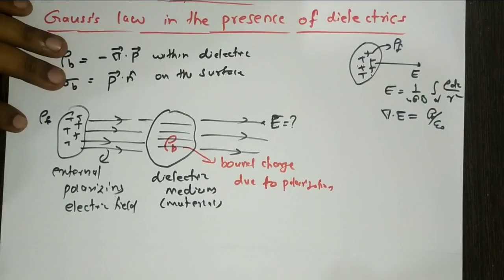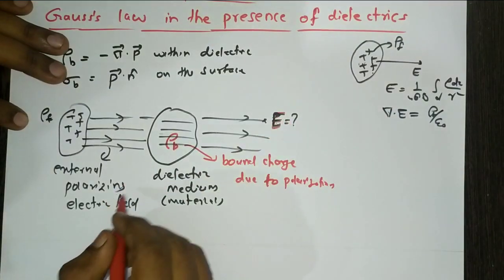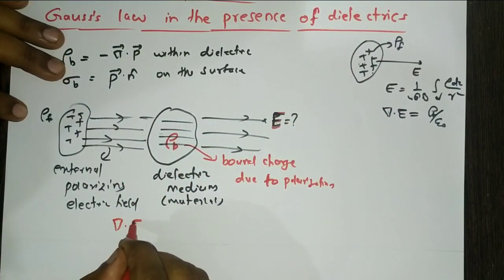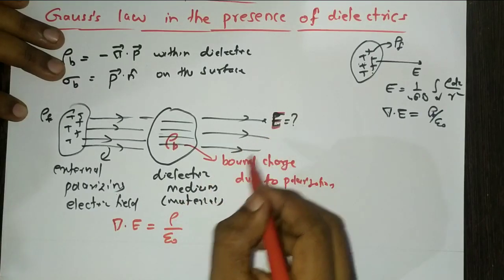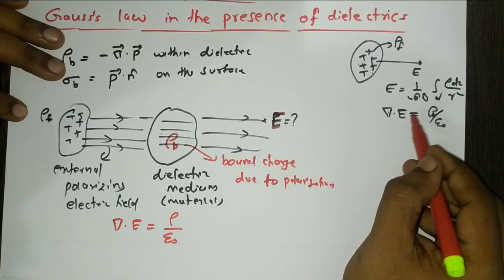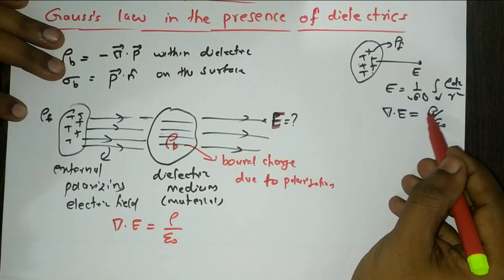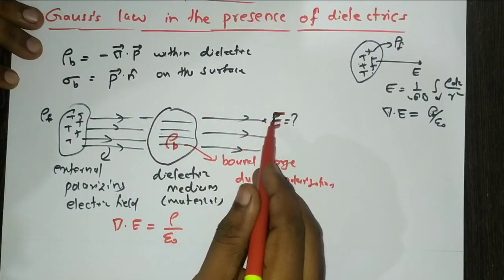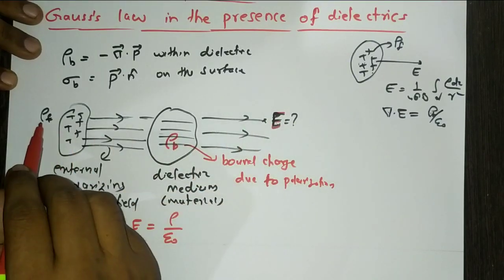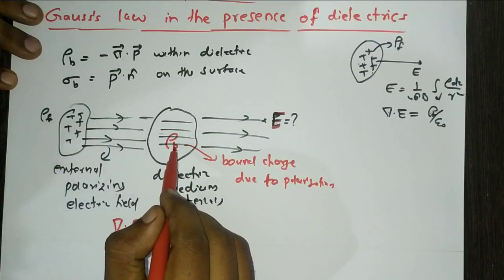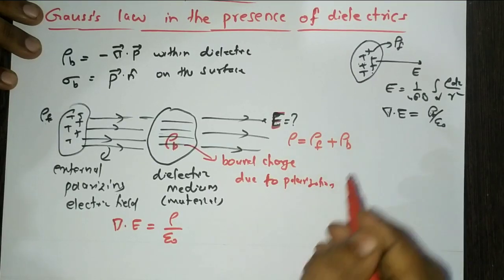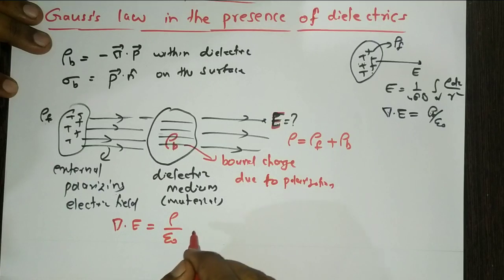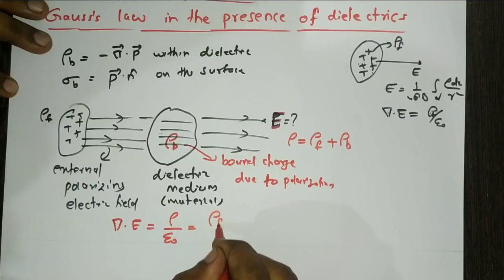Here the source of this electric field is both the free charge and also the bound charge. Therefore the rho here I can write as rho f plus rho b. Therefore this equation can be written as del dot E equals rho f plus rho b divided by epsilon 0.